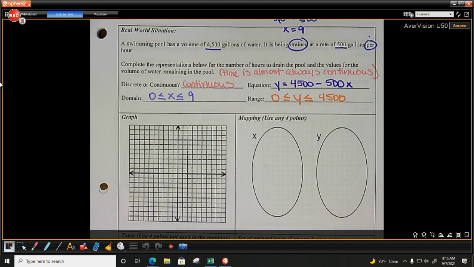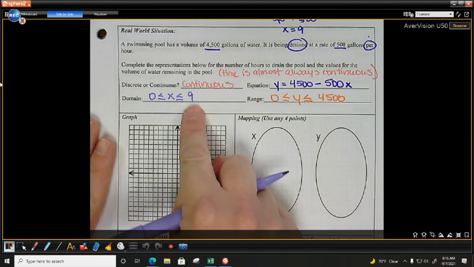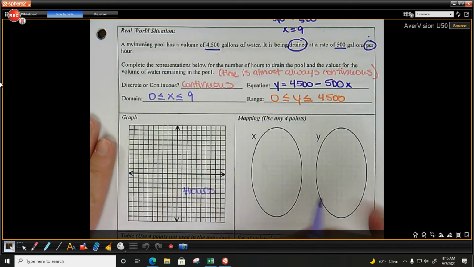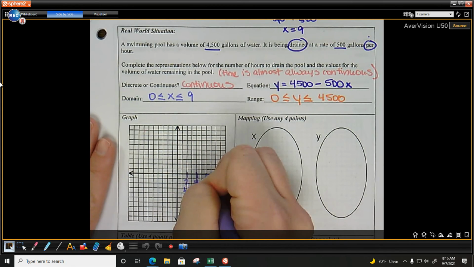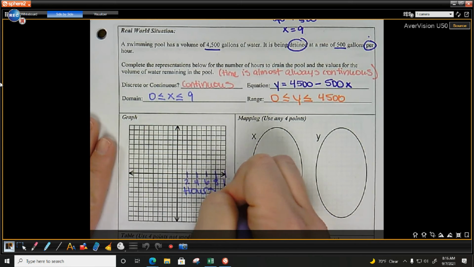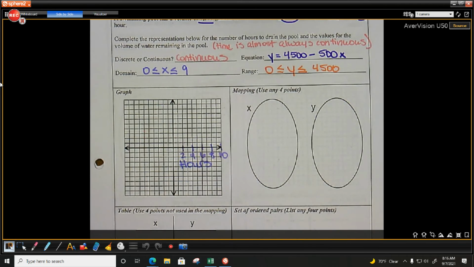Okay. So my x is going to be labeled hours. I'm going to count by ones because I have to get up to 9. I'm only going to label every 2 because that could get messy. So every hash mark means 1 hour, but I'm labeling every 2 hours. And then my y-axis is going to be gallons.